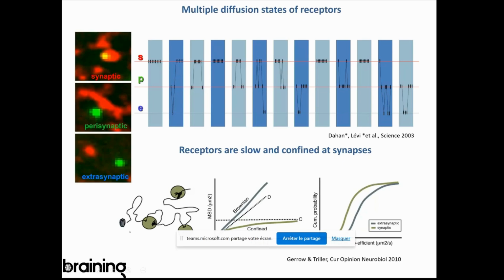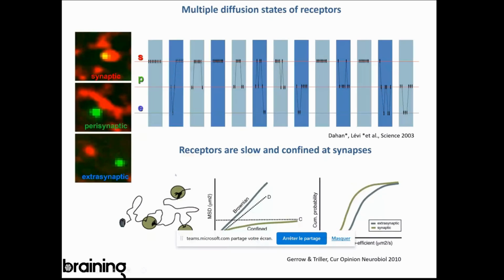And as I mentioned before, we noticed also, from the MSD and from the calculation, that the synaptic molecules are usually confined at the synapse. They are slowed down at the synapse. If you look at the cumulative probability of the diffusion coefficient, this is shifted to the left, meaning towards lower values, meaning the receptor is slower within the synapse and more confined.